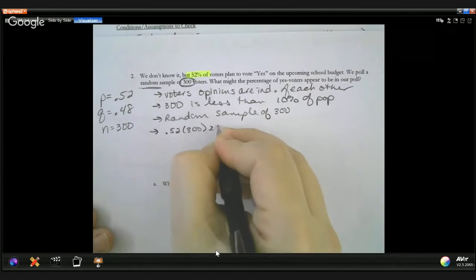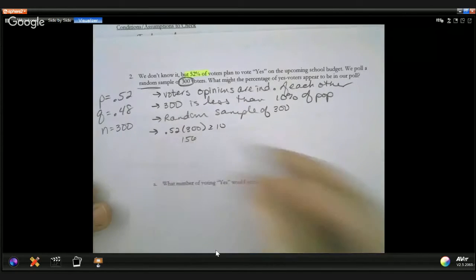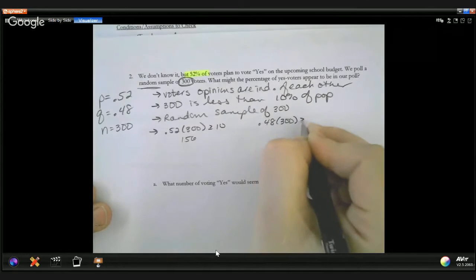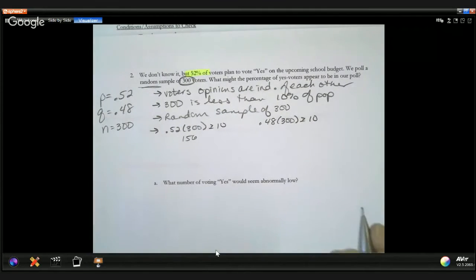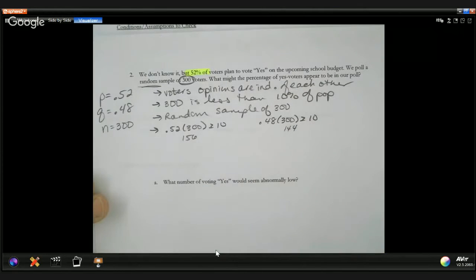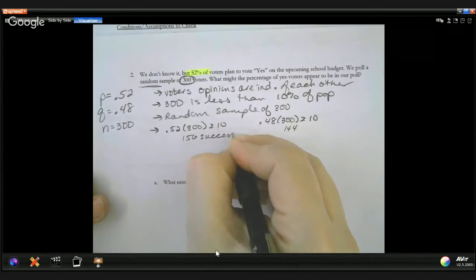Is that greater than or equal to 10? I'm pretty sure it is because we have such a big number. Yep, it's 156. And then 0.48 times 300. Is that greater than or equal to 10? And that's 144. And so since we have more than 10 successes and more than 10 failures, then we're good to go.